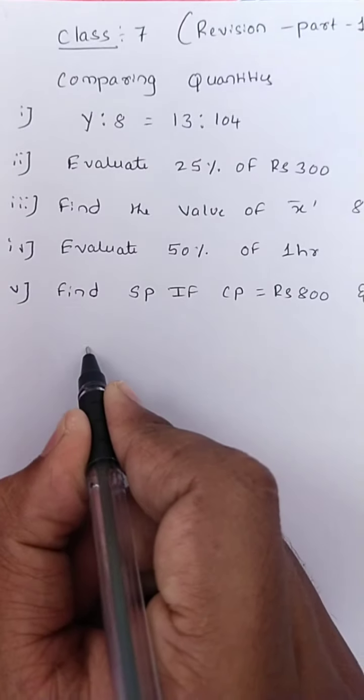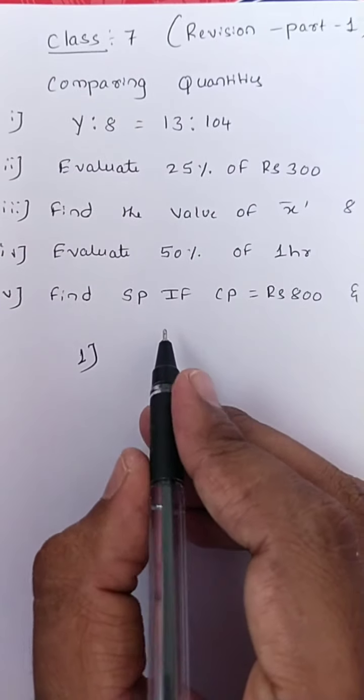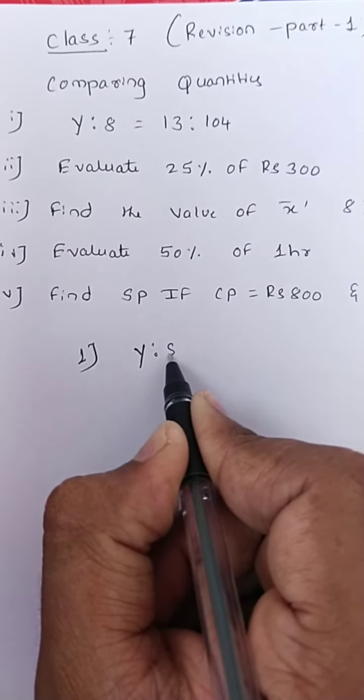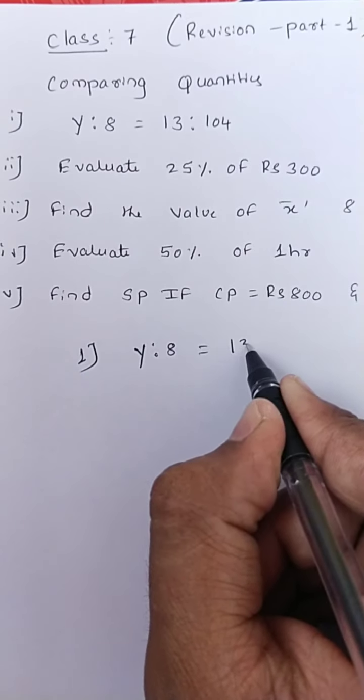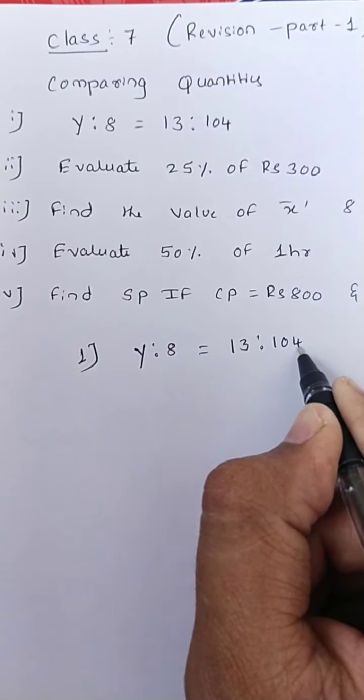That is the first one. You have y is to 8 is equal to 13 is to 104.